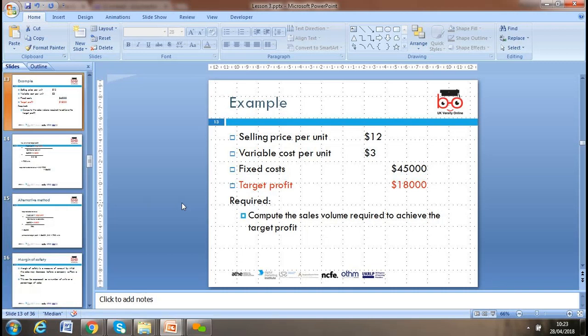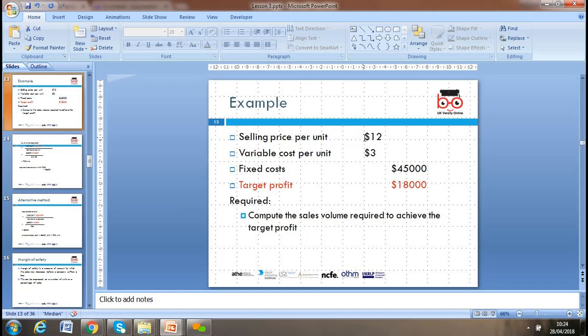Fixed cost plus target profit divided by contribution. Try. Yes, sir. Fixed cost is 45,000, and we add the target profit. We know contribution means selling price minus variable cost, that's 9.